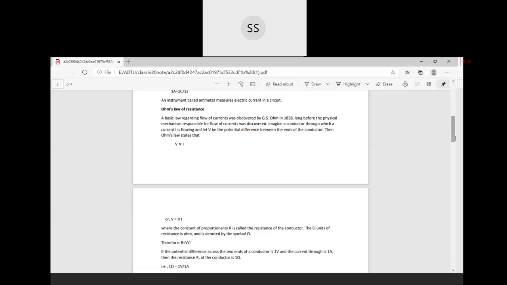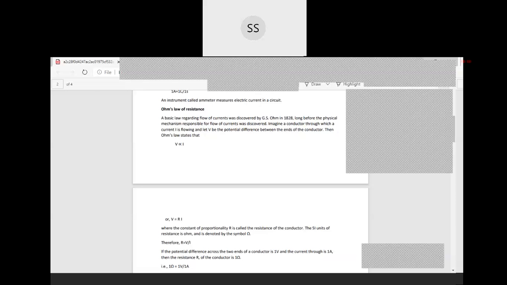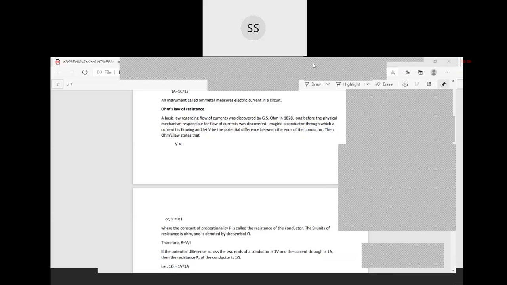Okay, so what is the SI unit of current? We have learned that the SI unit of current is ampere, and the SI unit of potential difference is volt. You can write down: SI unit of potential difference is volt, V-O-L-T, volt.